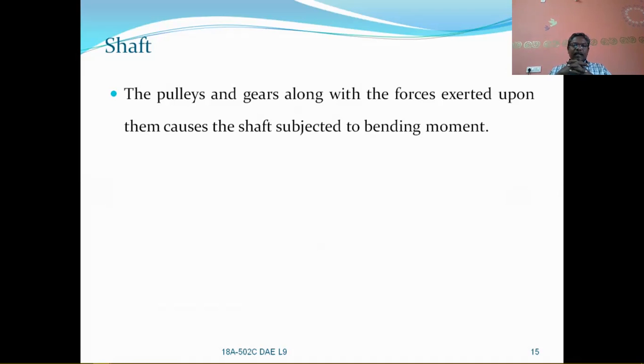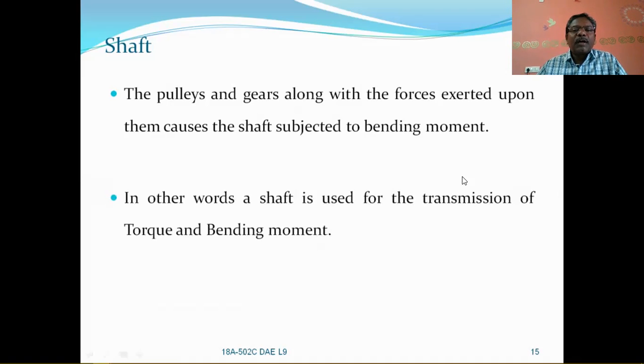That means the shafts are subjected to both twisting moment due to the power transmission, and bending moments due to the mountings, right? So, in other words, the shaft is used for the transmission of torque and bending moments. Torque and bending moments.